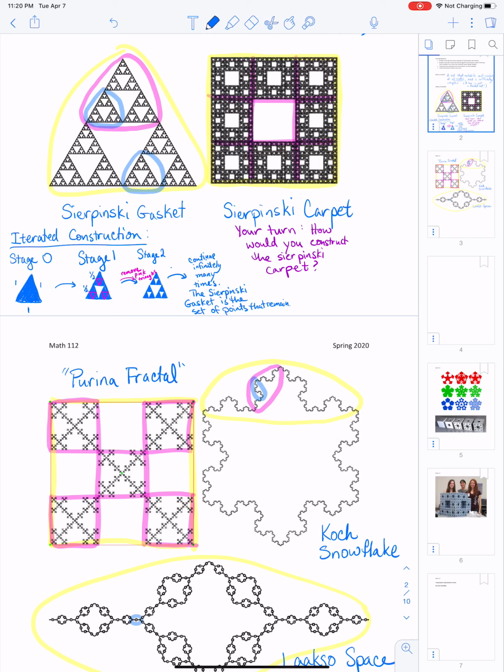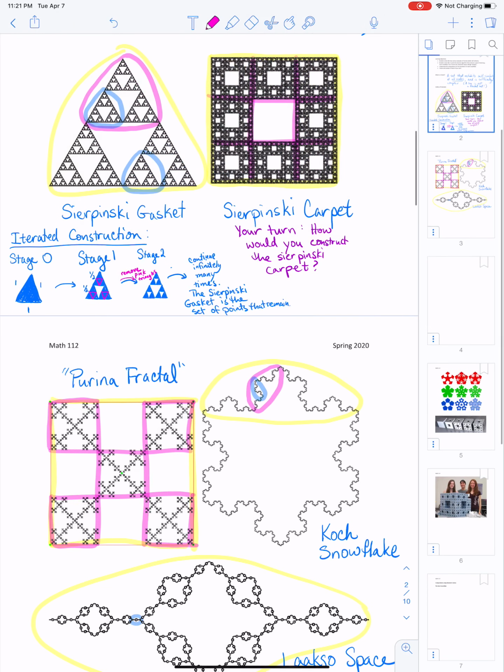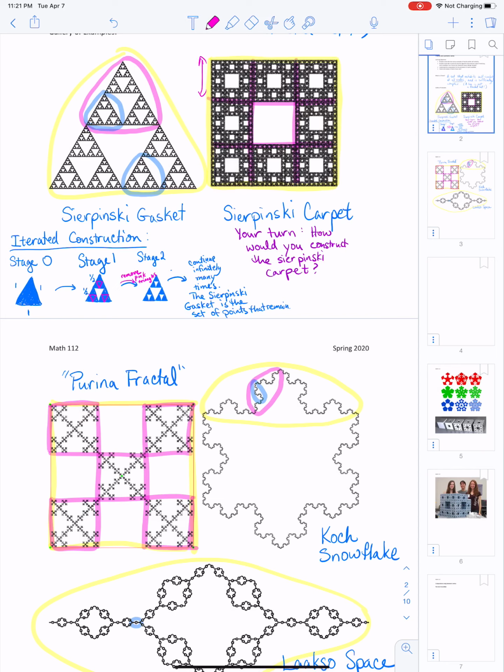Alternatively, you can think that at each stage you shrink the previous stage by a factor of 3. So this is 1/3 if the whole fractal is length 1. Each of these smaller 9 squares that we could divide the square into would have length 1/3 of the original length.